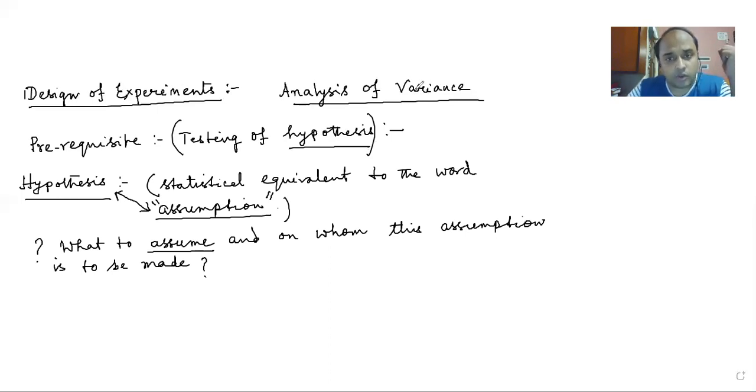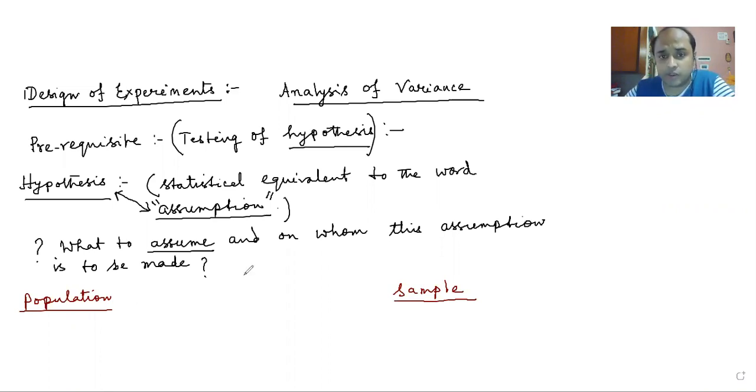You have come across the two terms population and sample. In statistical quality control also, I have several times mentioned these terms, and in statistics they play a very important role.